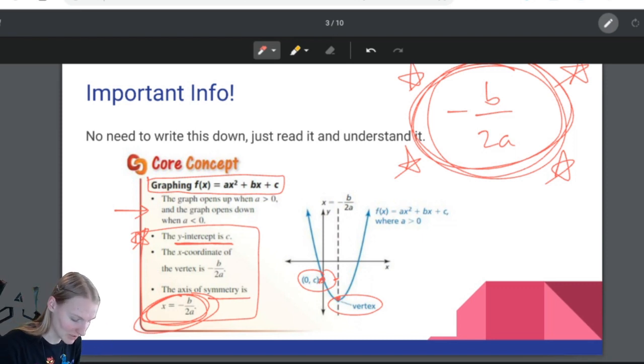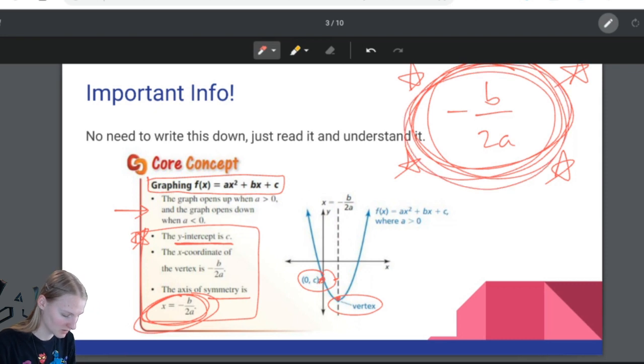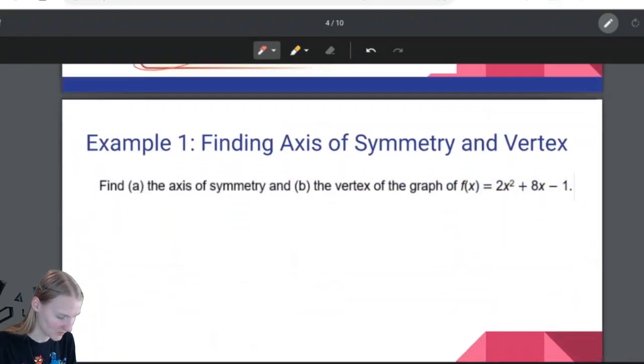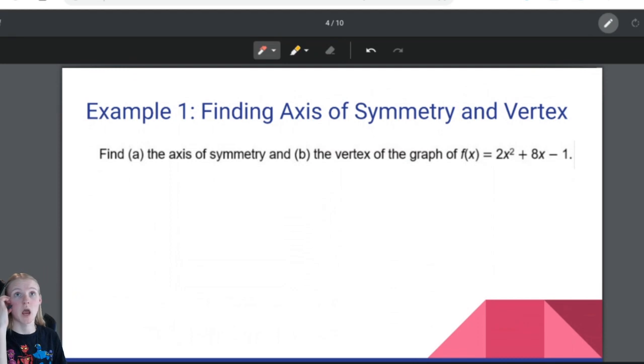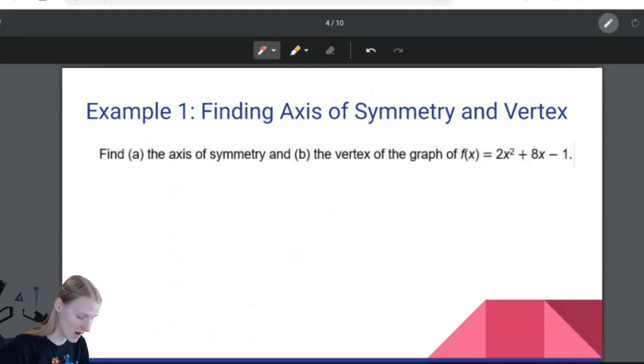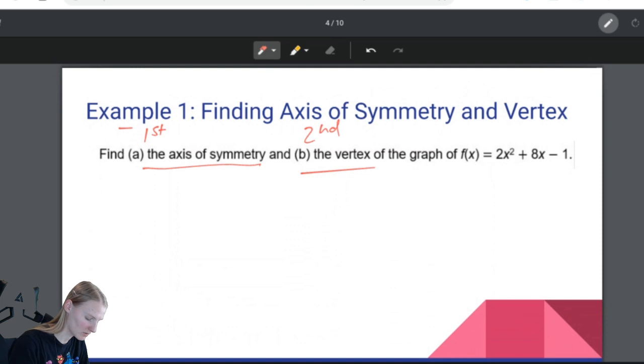Okay, so let's use our best friend. Let's have some fun with our best friend in our first problem. So, example 1, we are asked to find the axis of symmetry, and then find the vertex. First, we're going to find the axis of symmetry, and second, we're going to find the vertex.